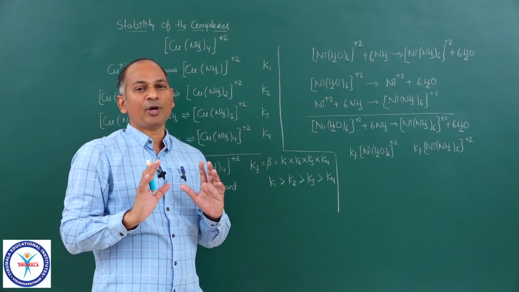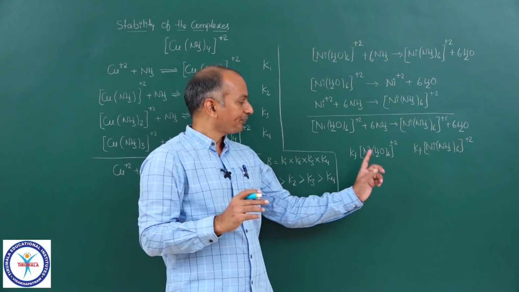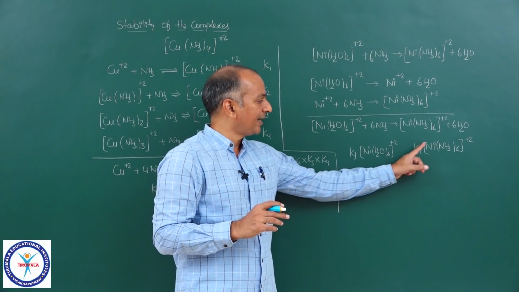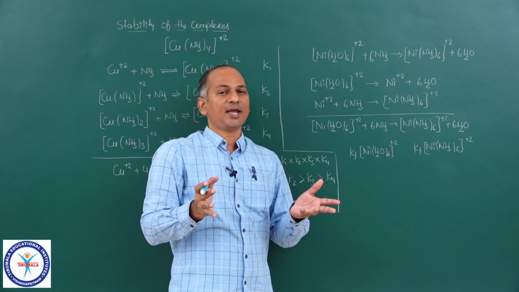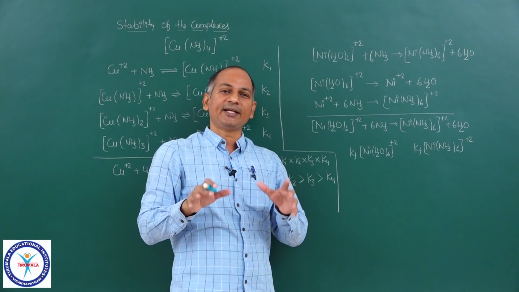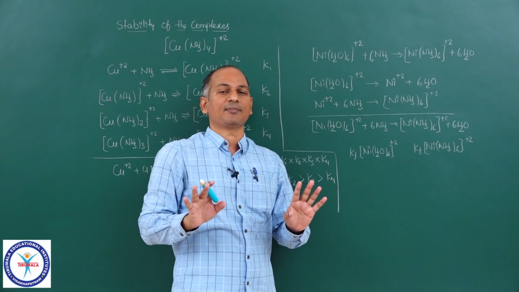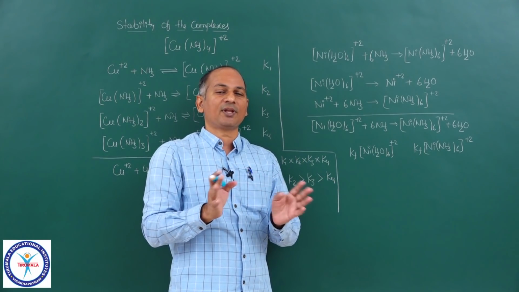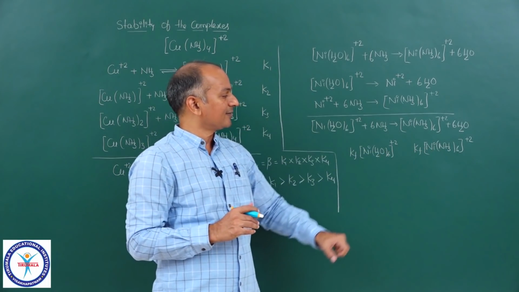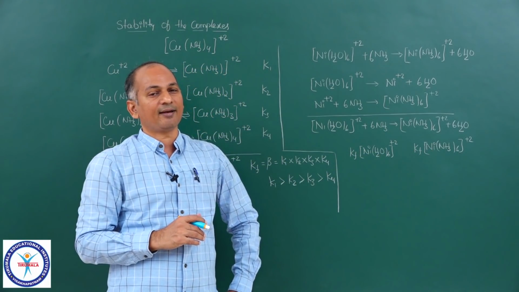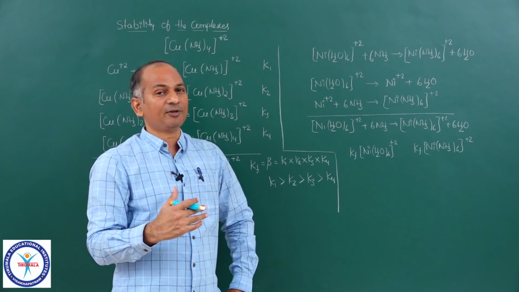Just approach my question logically. Aqua complex and ammonia complex. Everything else is the same. Central metal ion is the same, the charge is the same, coordination number is the same. Only thing that changes is the nature of the ligand. In the first case, water is the ligand, and in the second case, ammonia is the ligand. So Kf of which complex will be greater?